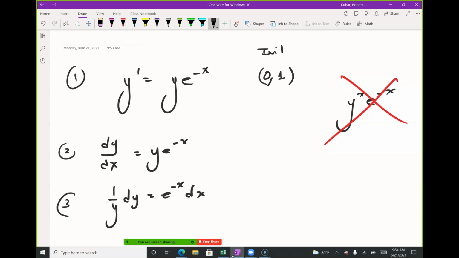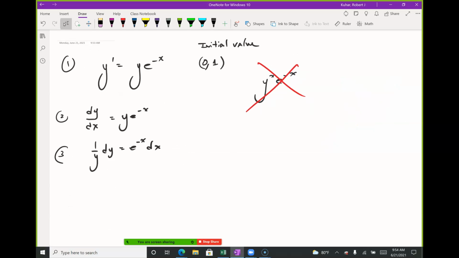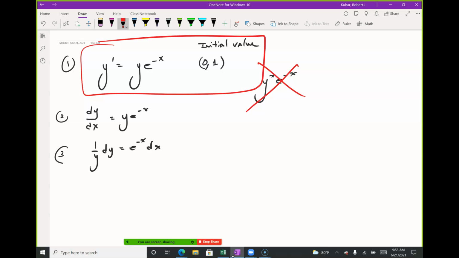So as soon as I give you an initial value, a point, where I want the river to flow over, they're talking about an initial value problem. So this whole piece would be given to you. Does that make sense? And so if I just give you a diffie-q, I'm asking for a general solution. If I give you an initial value, I'm asking for a general solution and an initial value solution.